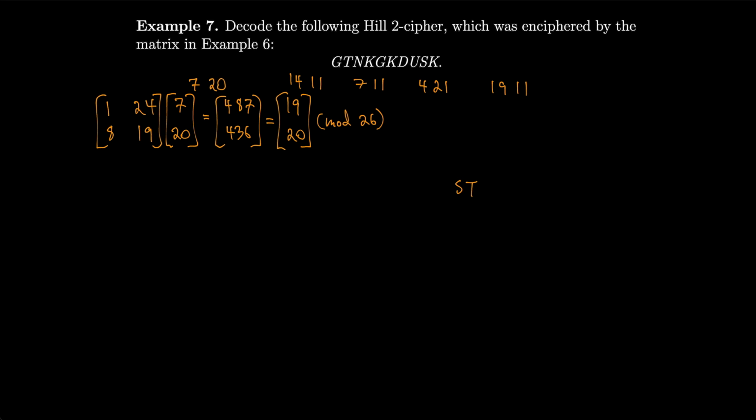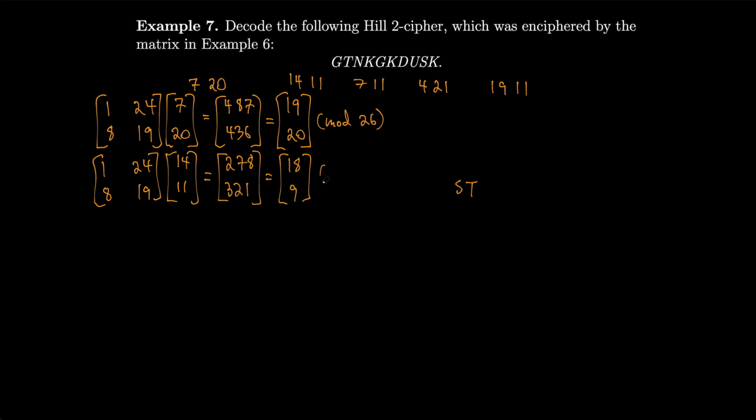So let's go through each of those pairs. We'll take [1, 24; 8, 19] and multiply it by 14, 11. We get 278, 321. Modulo 26, that's 18, 9. So that gives us RI.